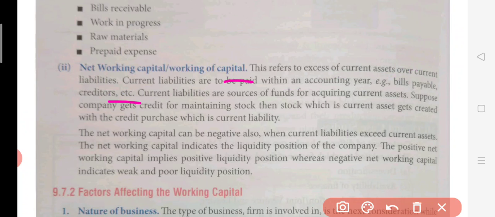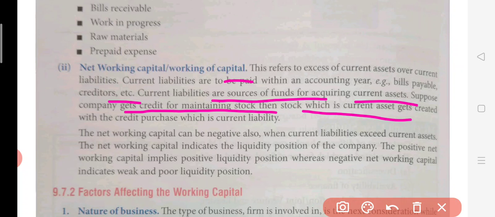Current liabilities are a source of funds for acquiring current assets. Suppose the company gets credit for maintaining stock, then the stock, which is a current asset, gets created with the credit purchase, which is a current liability. So when the company purchases any kind of stock on credit, they will have to pay the creditors, meaning there is a liability.